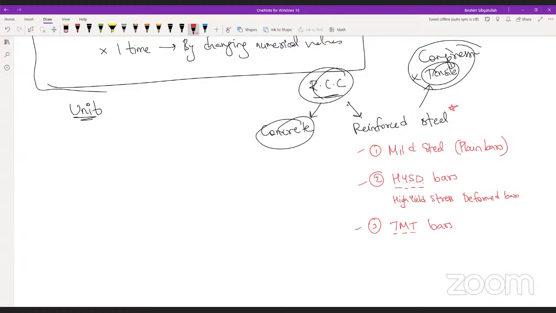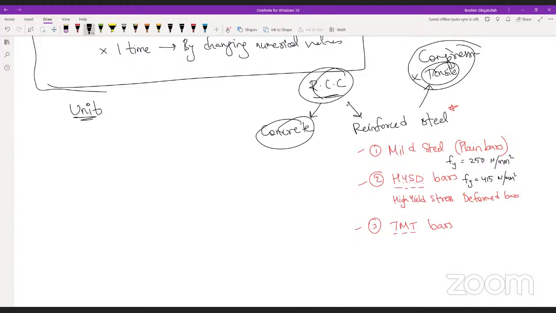For mild steel, the yield stress, denoted as Fy, will be 250 Newton per mm square. For HYSD bars, Fy will be 415 Newton per mm square.